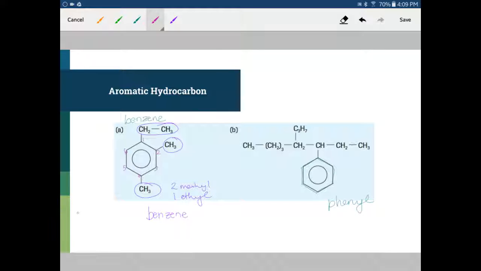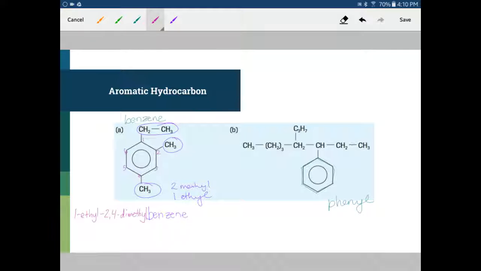When I go to name this, I have 1 ethyl, and then I have 2, 4 dimethyl benzene. So I have 1 ethyl, 2, 4 dimethyl benzene, and that is how I would name that.